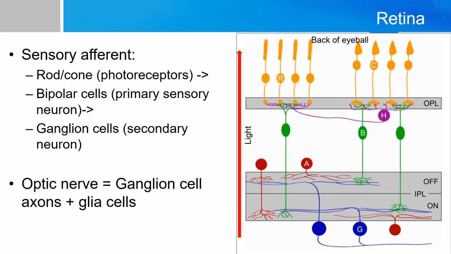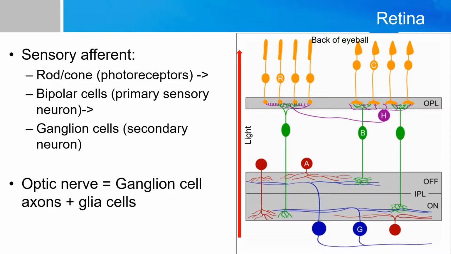So let's start from the beginning. The retina is comprised of several cell types, and the most important ones are listed here. As the light enters the back of the eyeball, it activates the rods and cones, which are photoreceptors, and these are not actual neurons.